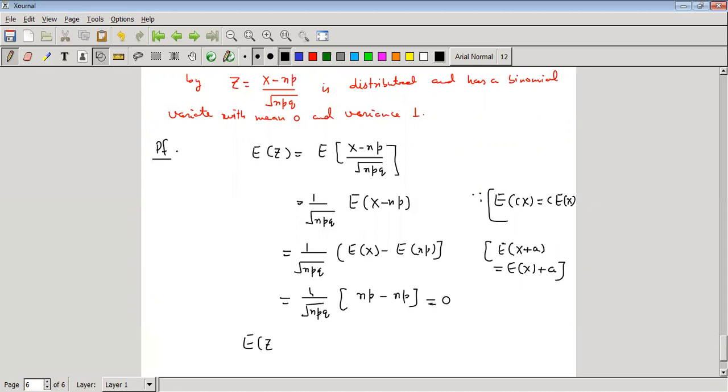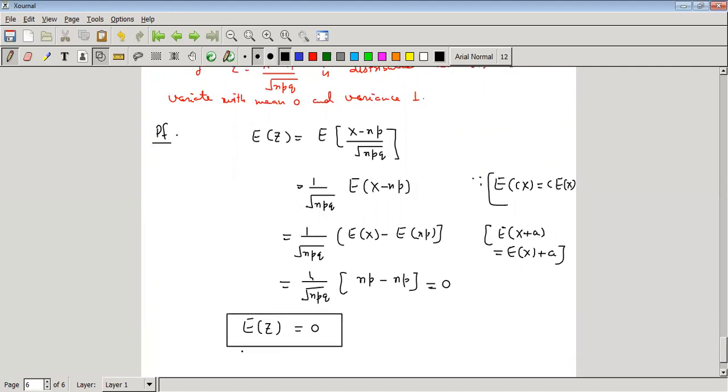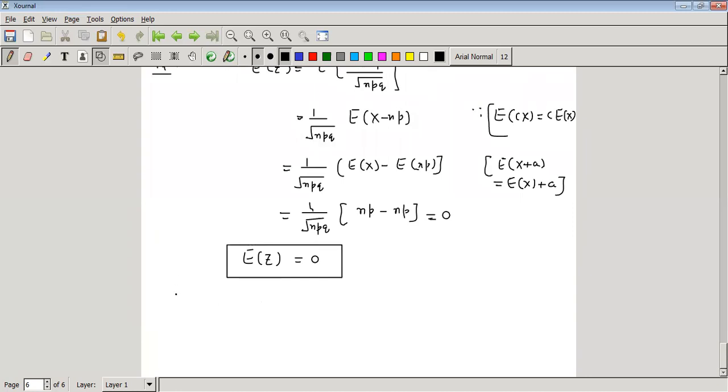So the mean of the binomial variate Z is 0. Now we find the variance of Z, that is variance of x minus np over under root npq, and we know that variance of ax plus b is equal to a square into variance of x.